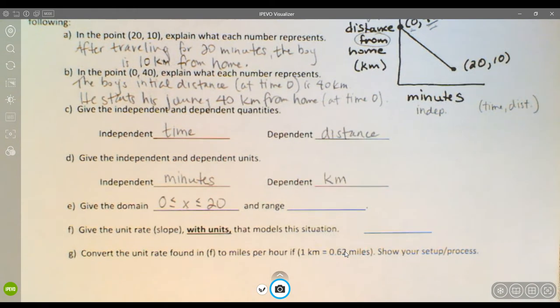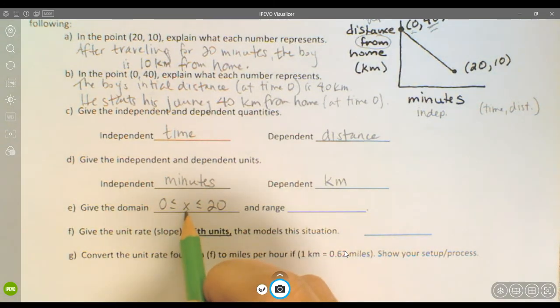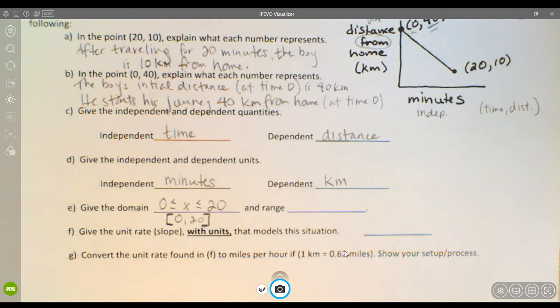And down the road, we're going to talk about interval notation. You'll see it in Algebra 2, but I sometimes see it in Algebra 1. I really can't remember. What interval notation does is it does not even include the variable. It says we're going to go from 0 to 20. We can equal 0, so we're going to put a bracket. We can equal 20, so we're going to put a bracket there as well.